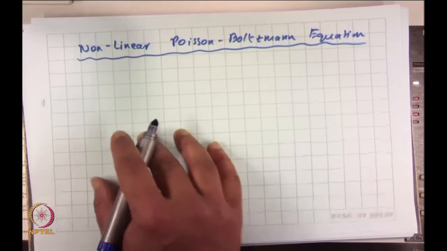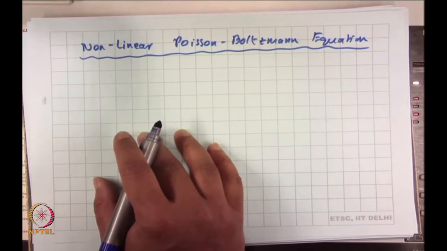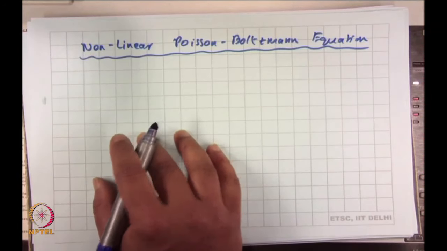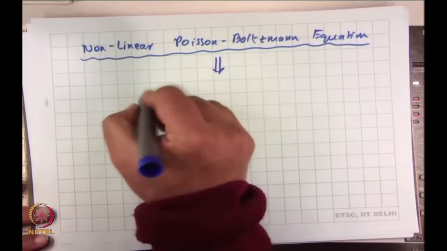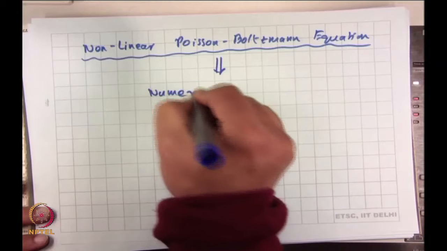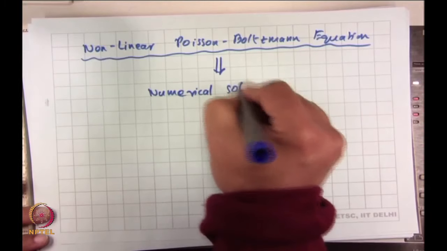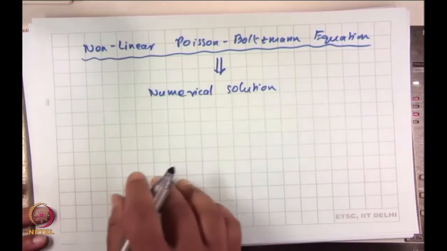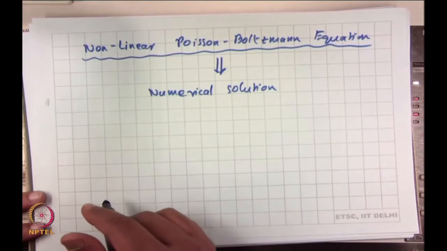If it is a non-linear Poisson-Boltzmann equation, the problem is you cannot solve it in a straightforward manner. The only way of solving it is to do a numerical solution, but we will simplify matters for us.